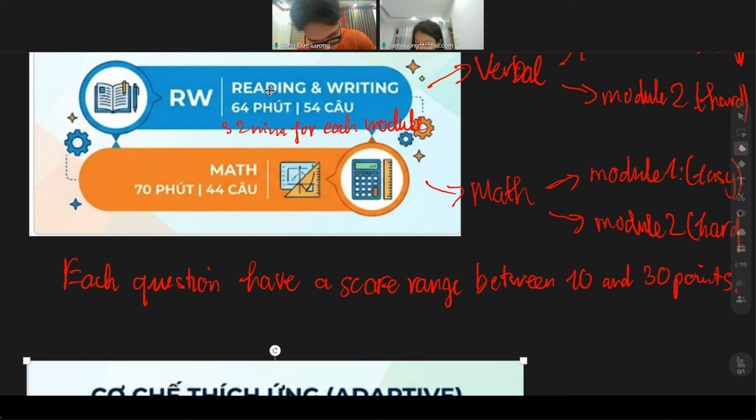And on the math part you will have 35 minutes for each module. You will have to complete Module 1 to get to Module 2, right?